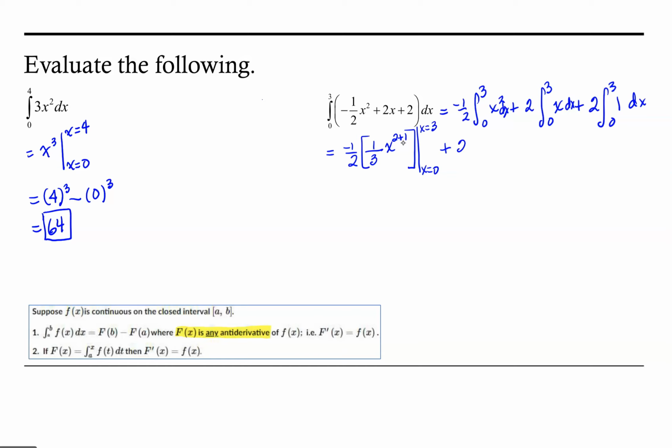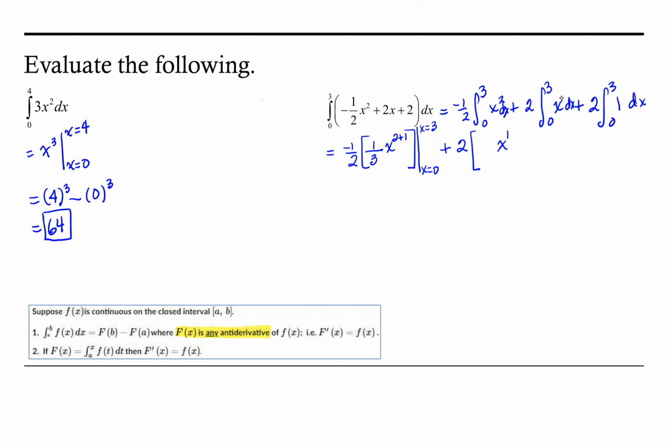Plus our next term, 2 times, and now the antiderivative of x. The exponent here is 1, so similar process. Current exponent is 1, and the derivative was obtained via the power rule.